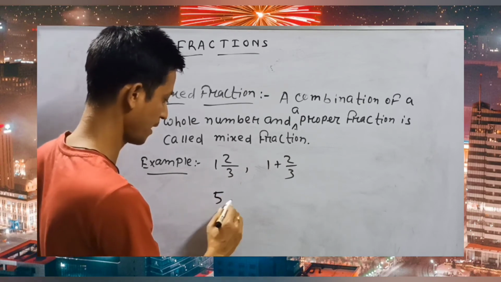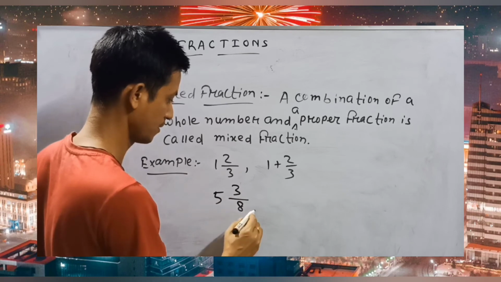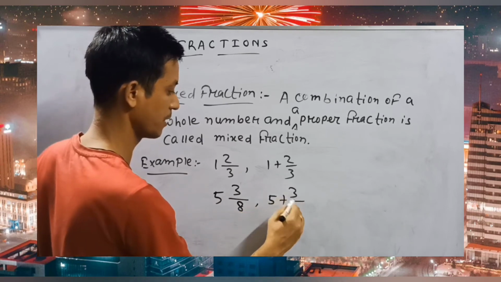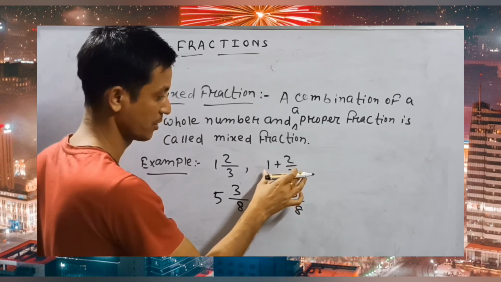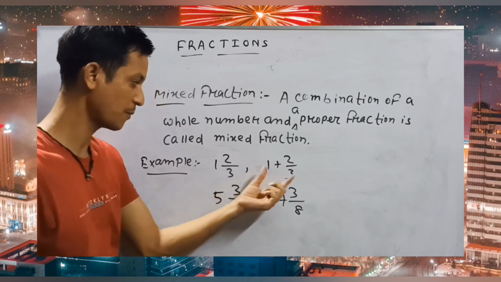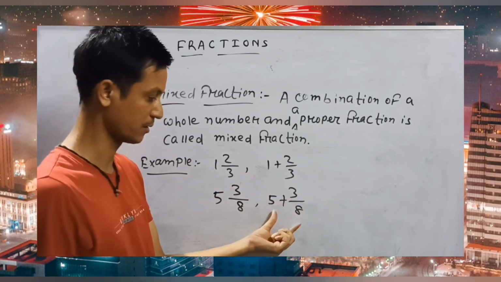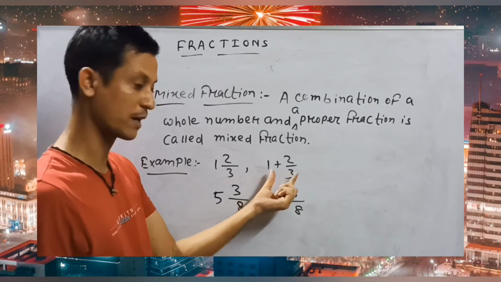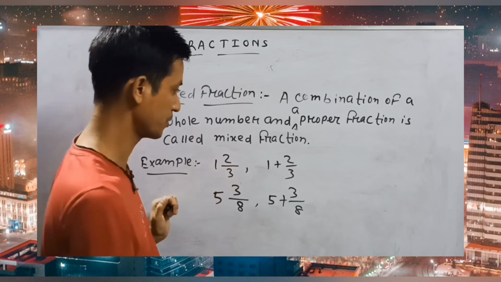So different, 5 whole 3 by 8. So this is 5 plus 3 by 8. Whole number combination, that is addition. So sum of two numbers, that is combination, combined numbers, 5 and 3 by 8. Together 5 whole 3 by 8.